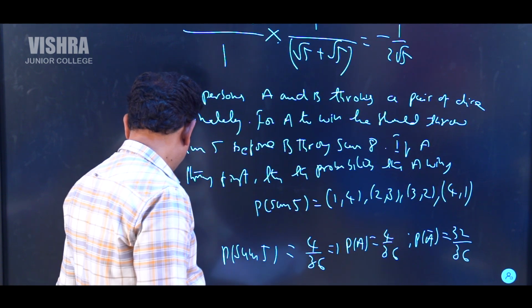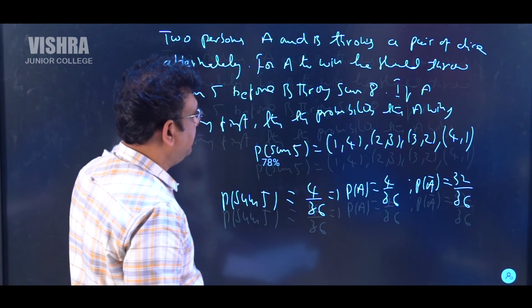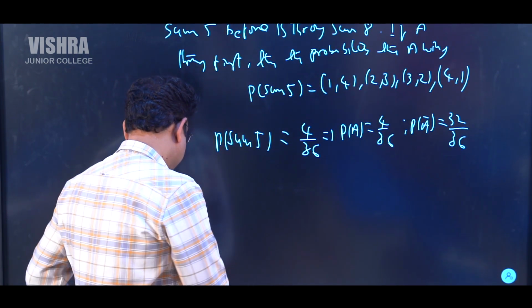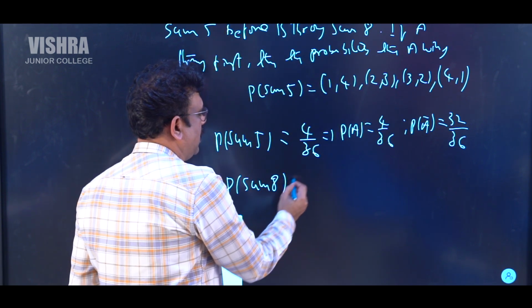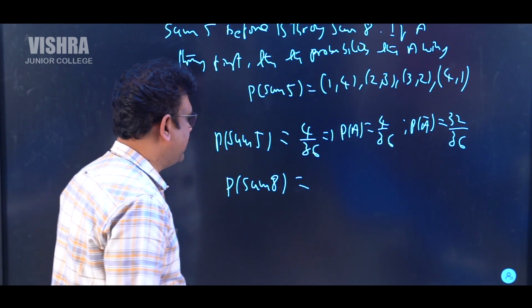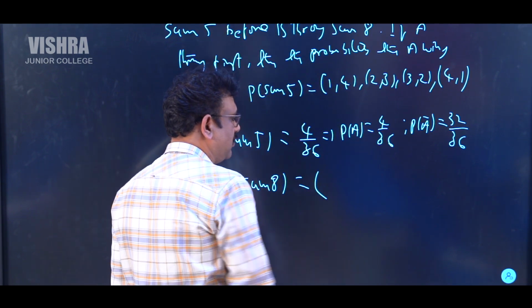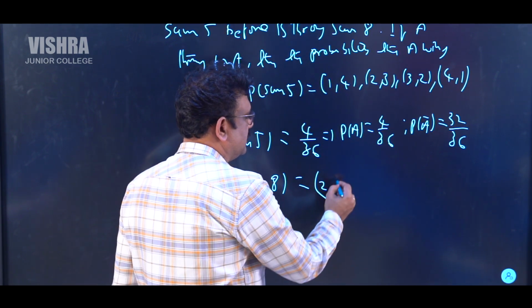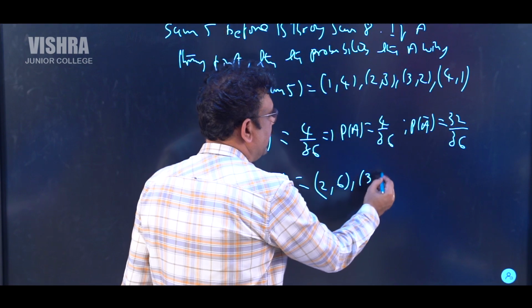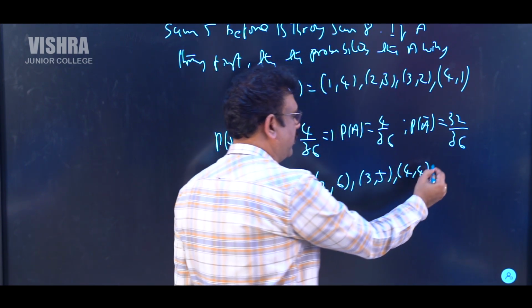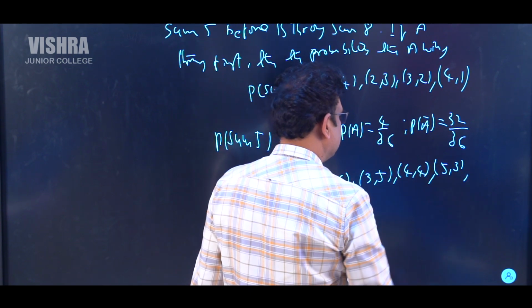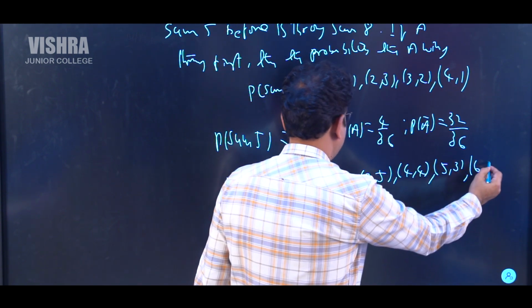Now probability of getting sum 8 is equal to 2 6, 3 5, 4 4, 5 3, 6 2.